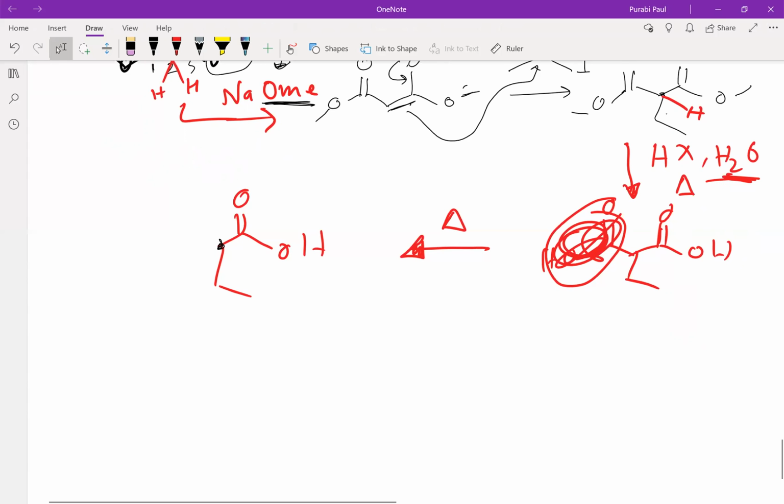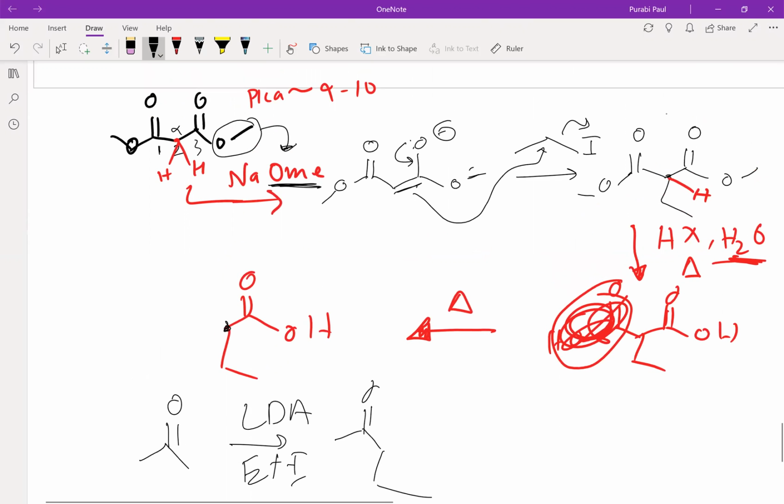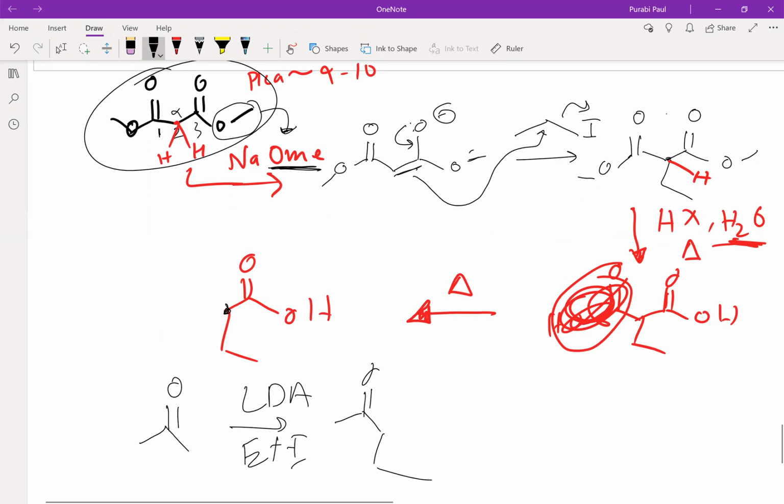Before, you had a ketone, like acetone, right? You'd use LDA and then ethyl iodide to get to the same product, right? So the goal of using these dicarbonyl compounds to start with is that it allows you to do the alkylation and eventually reach the same product without using a very strong base.